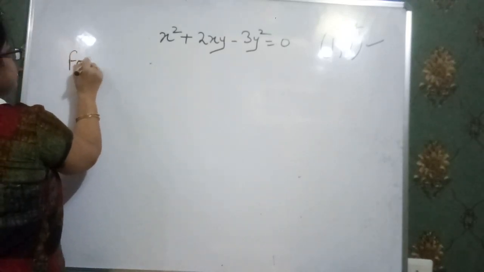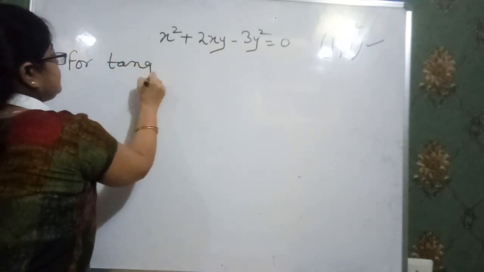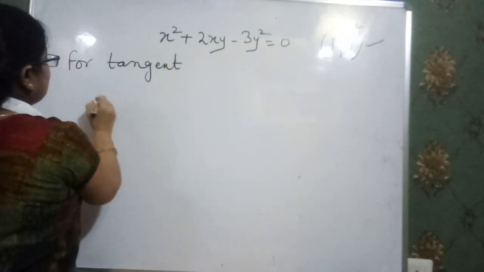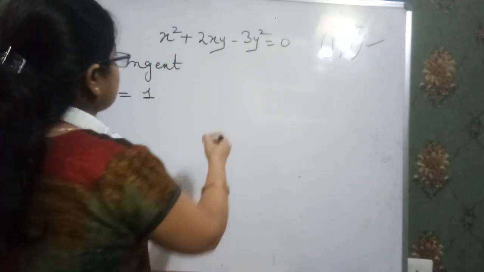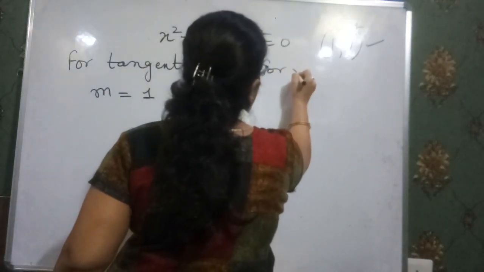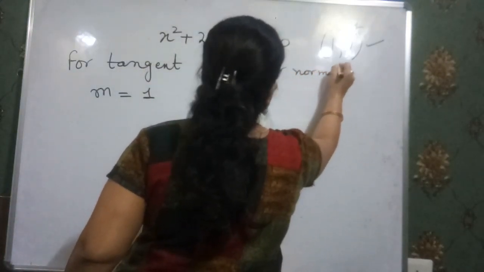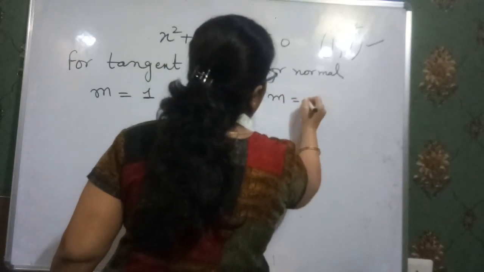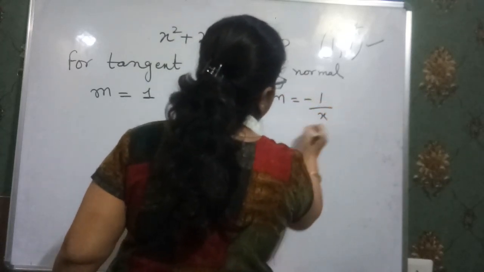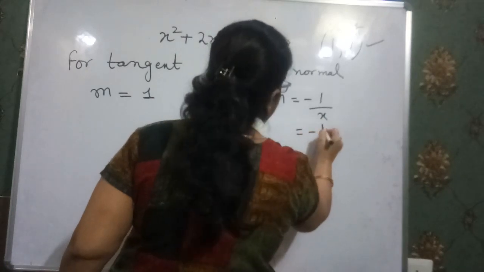For tangent, the slope remains the same, that is 1. We just take the same. And for normal, we take the slope as minus 1 over the tangent slope, that is, we have minus 1.